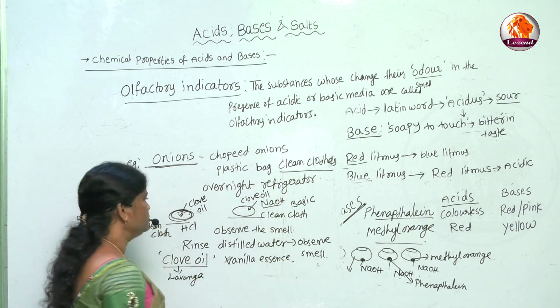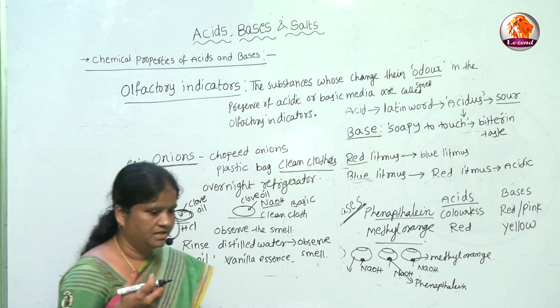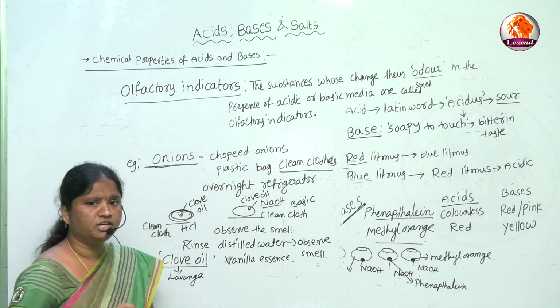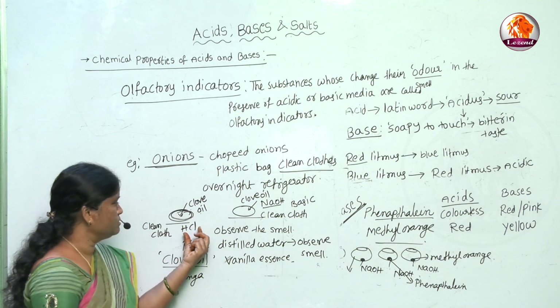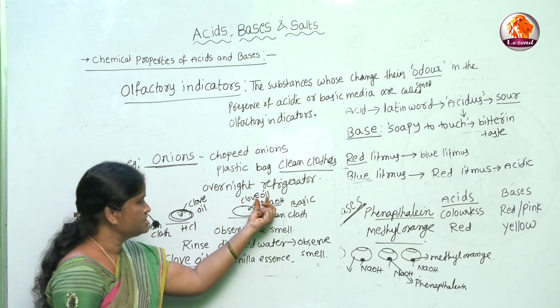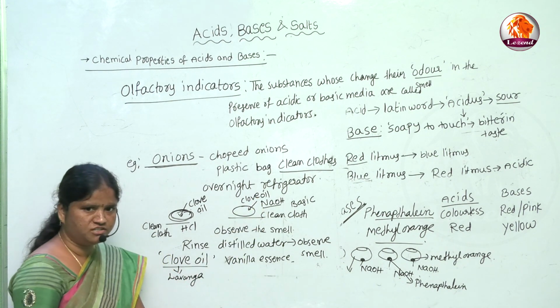Clove oil gives a spicy smell. We have to observe what kind of smell it gives in the presence of acidic and basic medium, and observe the change in the smell.